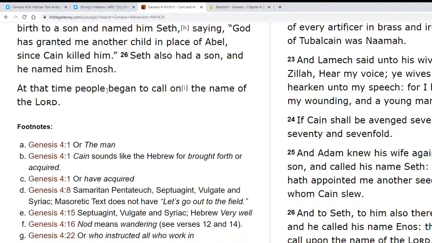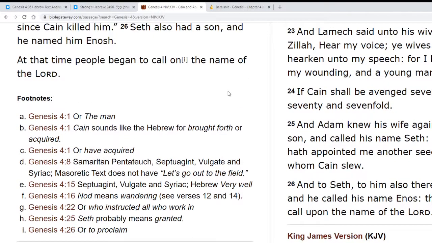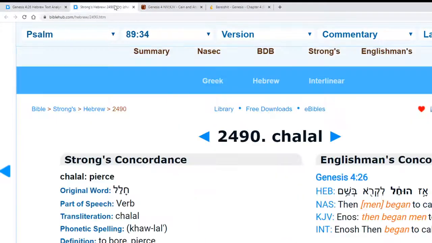At that time, people began to call on the name of the Lord, and the note is or to proclaim. I'm just wondering possibly if the concordance is somehow making some sort of mistake. I don't know.